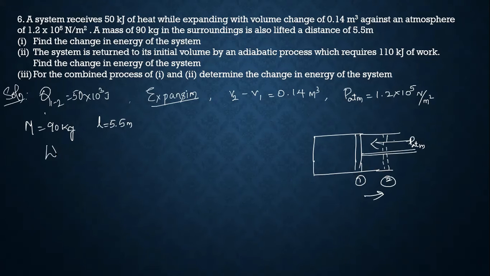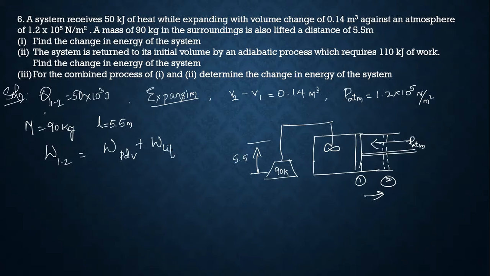That means the total work during the change of state from 1 to 2 is the integral PdV work. Another work is the stirrer work. It is given indirectly. That is the dead weight of mass 90 kg, which is lifted to a height of 5.5 mm. Therefore, that is the lifted work.